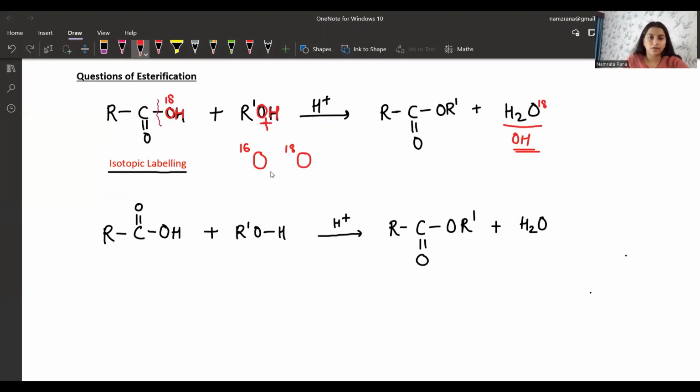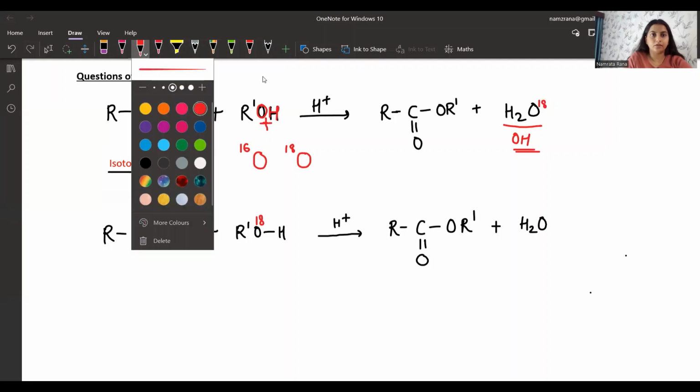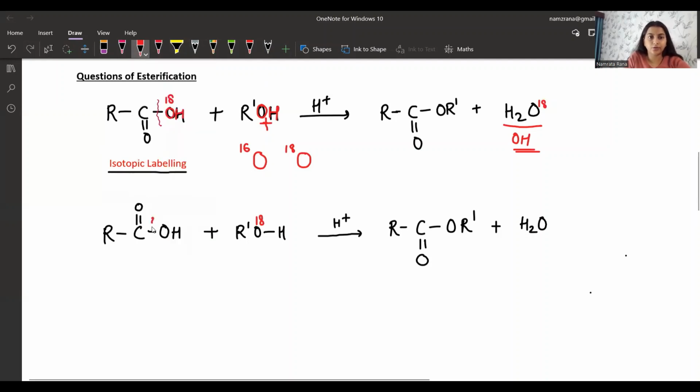So vice versa, if I take the alcoholic oxygen as the 18 atom, can you tell me which oxygen atom is visible on the product side? We know this OH will cleave and this OH will cleave like this, right? So this time, which of the oxygen is 18 oxygen?